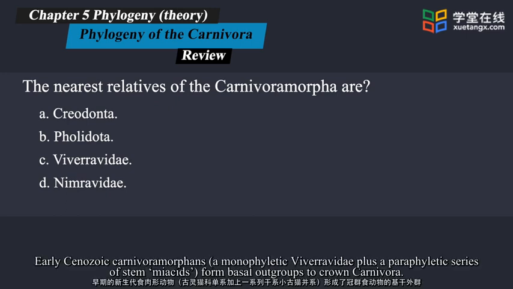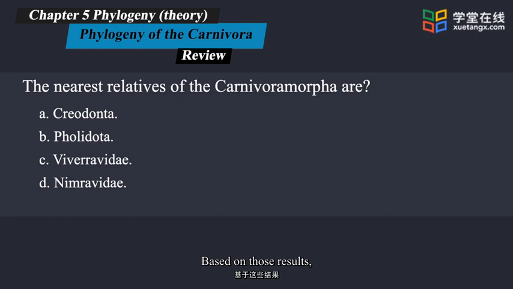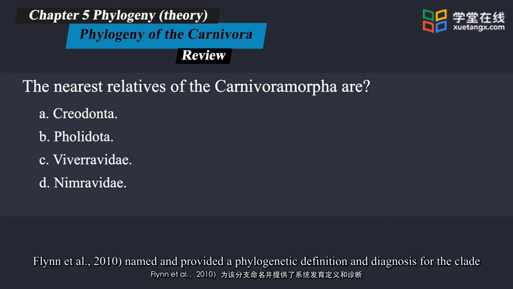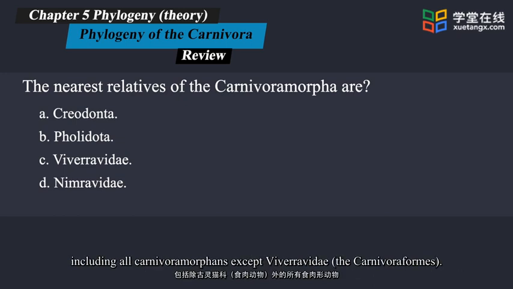Early Cenozoic carnivoromorphans, a monophyletic Viverravidae plus a paraphyletic series of stem miacids, form basal outgroups to crown Carnivora. Based on those results, Flynn et al. 2010 named and provided a phylogenetic definition and diagnosis for the clade including all carnivoromorphans except Viverravidae, the Carnivoraformes.